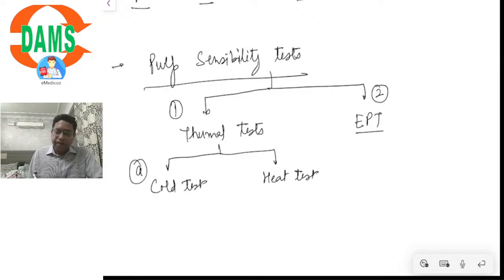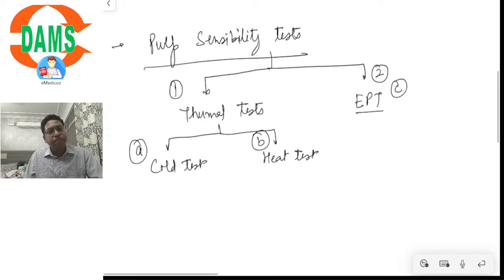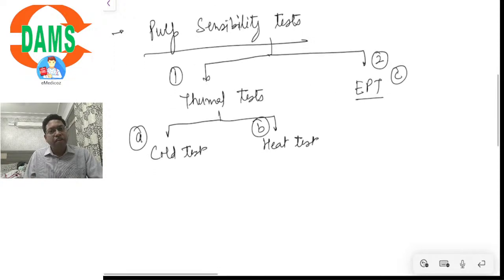So, cold test, heat test, and electric pulp testing together constitute the pulp sensibility tests, one of the most frequently used tests in the clinical setting. If we talk about pulp sensibility tests, it means we would be applying either current, hot, or cold substances to the tooth, and we would wait for a response from the patient, whether the patient complains of pain due to application of these agents or not.